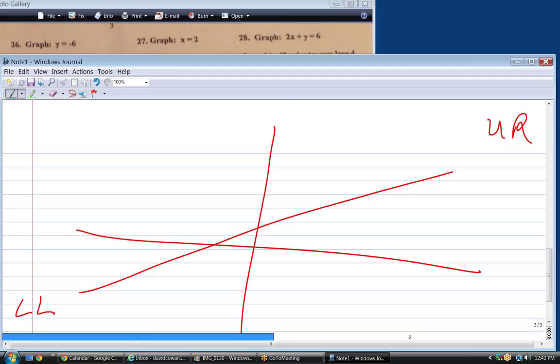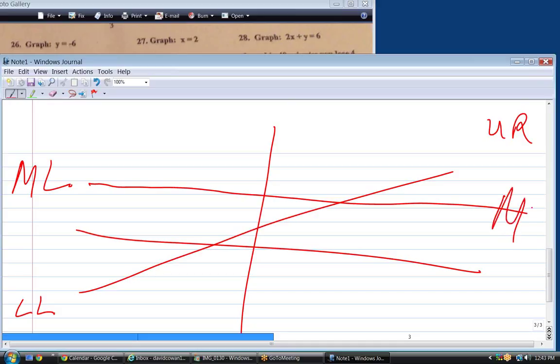Always start on the left. Okay, so you always start on the left to make your determination. In other words, the moment I hit 0, I'm going from middle left to middle right. It's like reading words. Start from left to right.